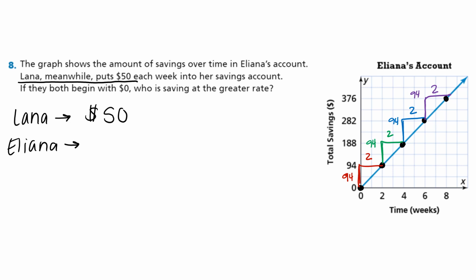So that pattern of y over x, rise over run for the graph, is going to be the $94 divided by the 2 weeks time. 94 divided by 2 is going to give us a value of $47 per week.